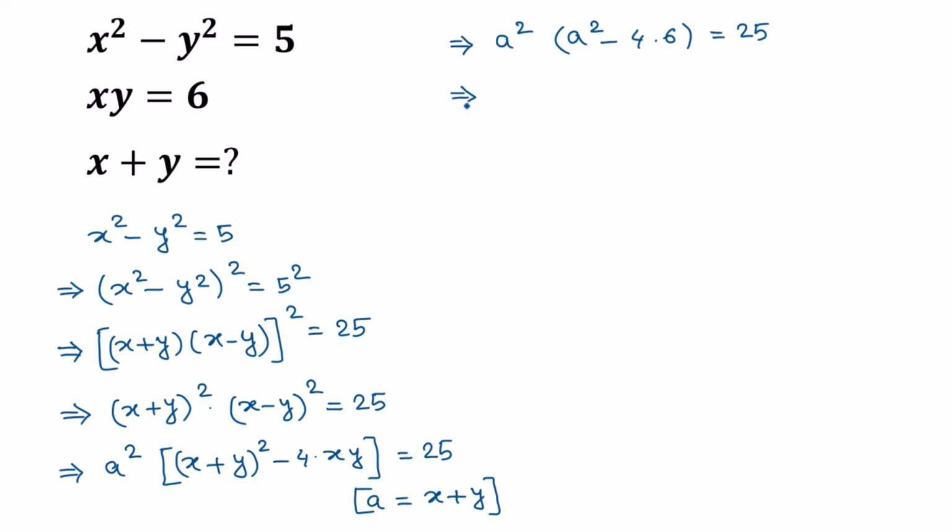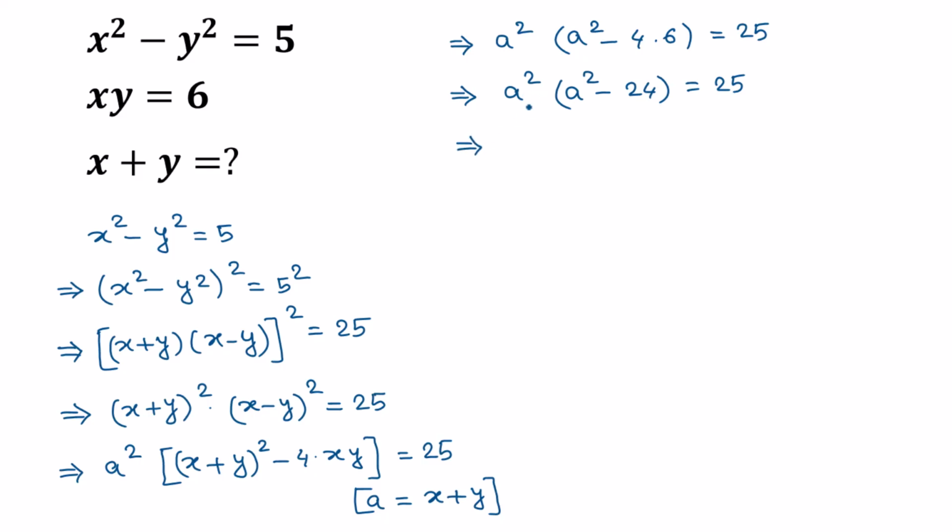On the left side, this is a square times (a square minus 4 times 6), this is 24, is equal to the right side 25.